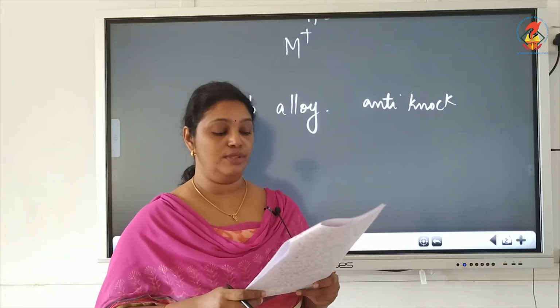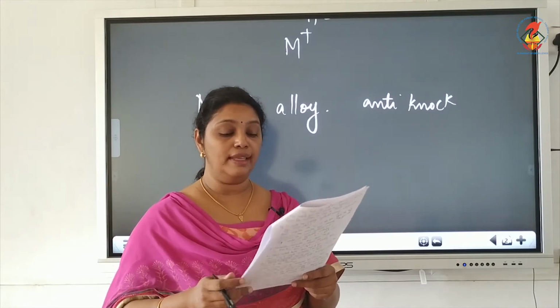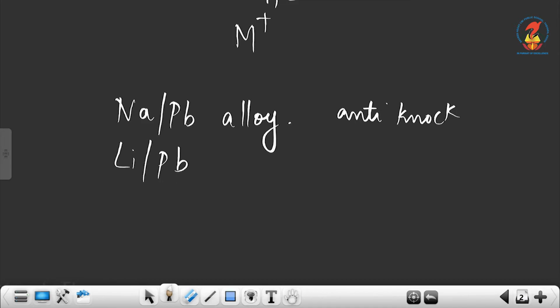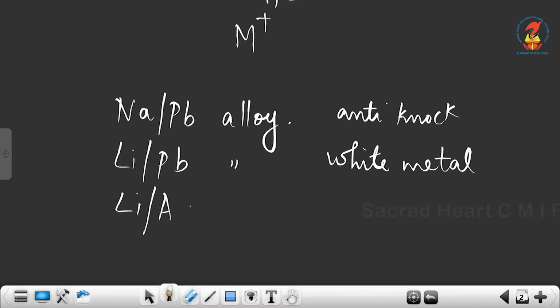Now next is the use of lithium. Lithium lead alloy, that is used to make white metal bearings for motor engines, and lithium aluminum alloy is used to make aircraft parts.